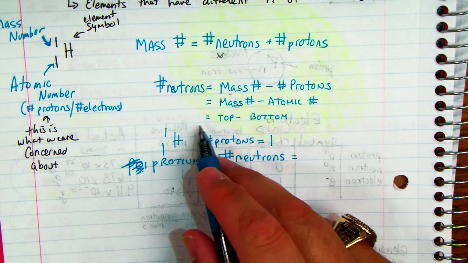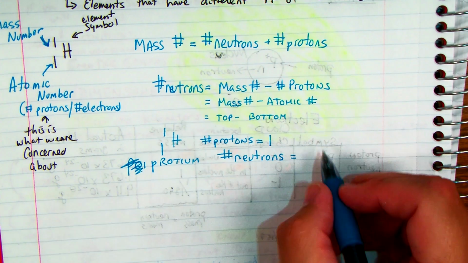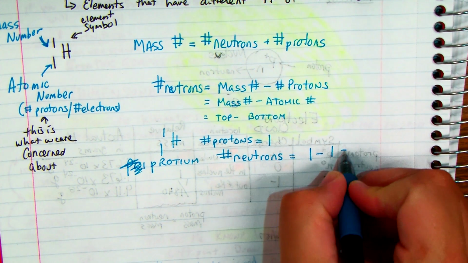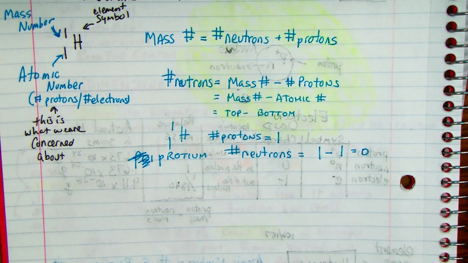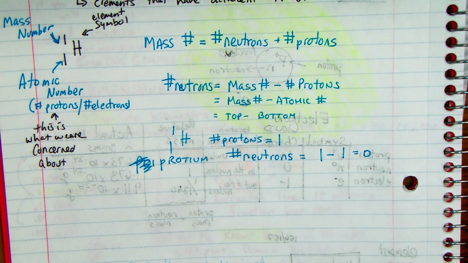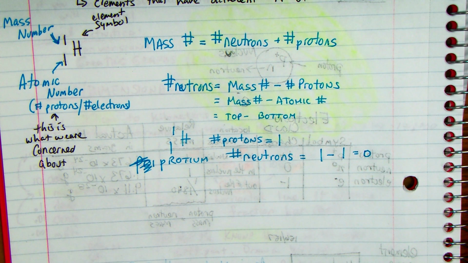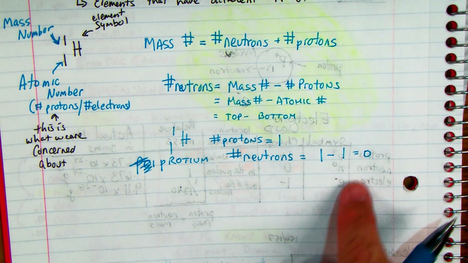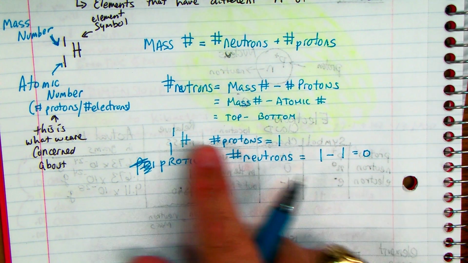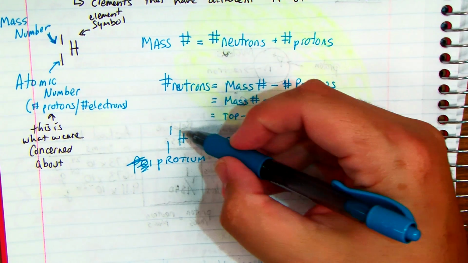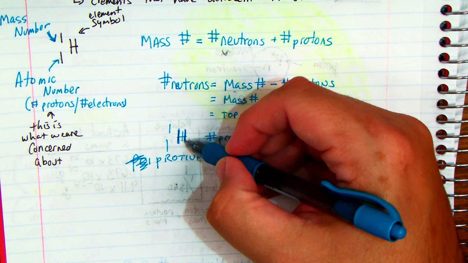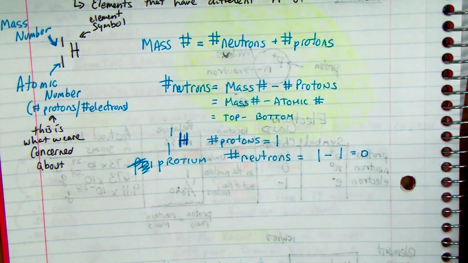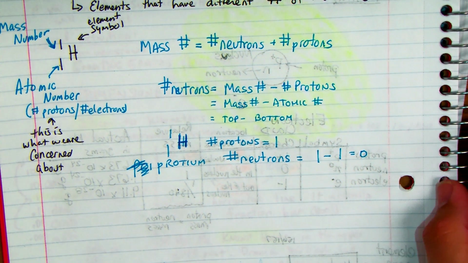So I'm going to take the top number minus the bottom number, and we get 0. Here? That's 1, 1, and that's an H. Since it's hydrogen. The first for hydrogen is what we call protium.